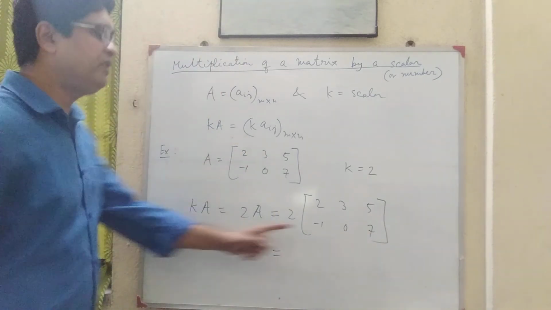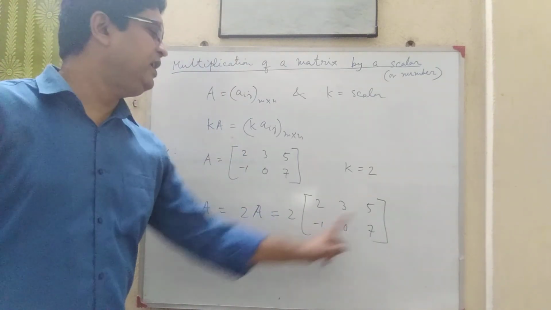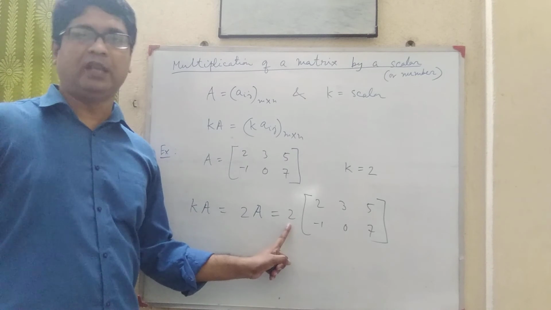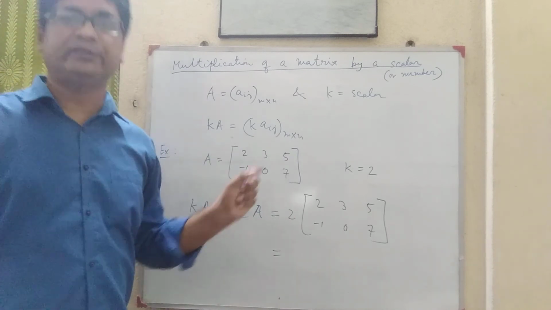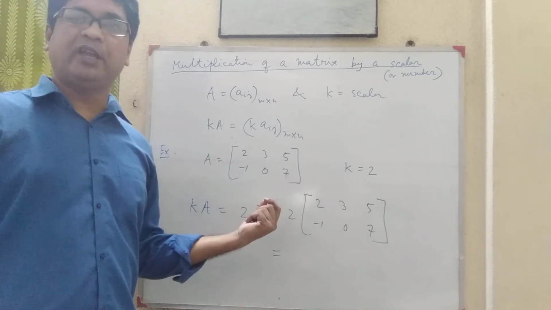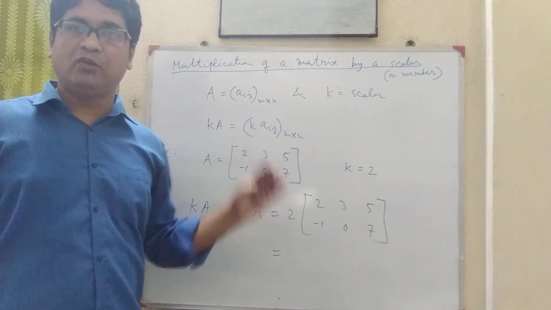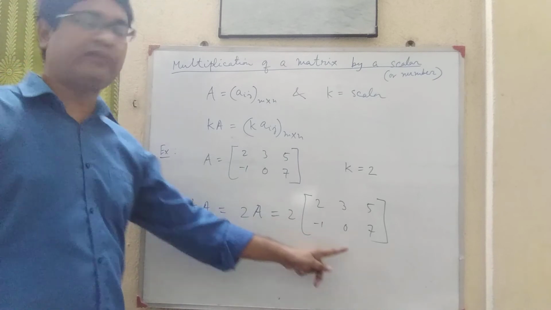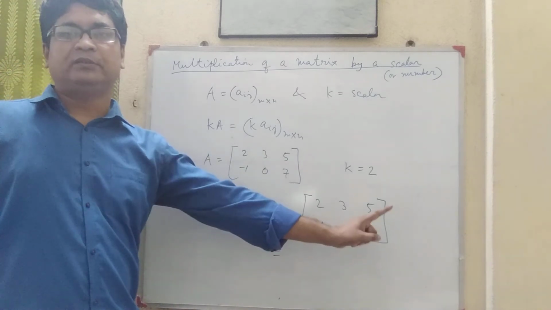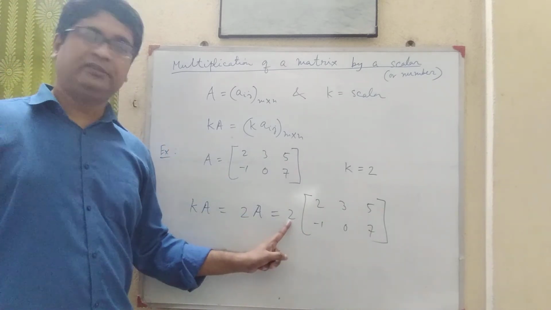The concept is very simple. You just multiply each of the elements by this scalar. Unlike in determinants, where when you are multiplying with a scalar, that scalar is to be multiplied in a particular row or particular column, in case of matrices, each element should be multiplied by this scalar.